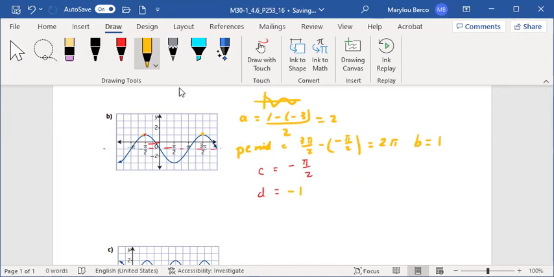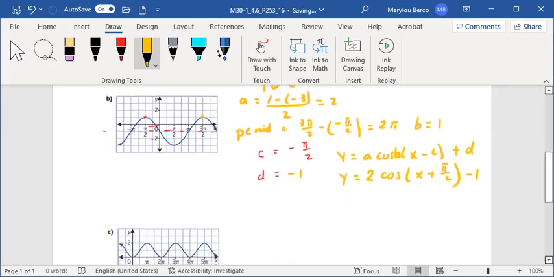Okay, so the equation is y equals 2 cos x plus pi over 2 minus 1, because we have y equals a cos b x minus c plus d.